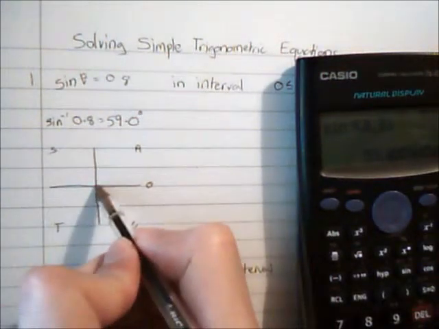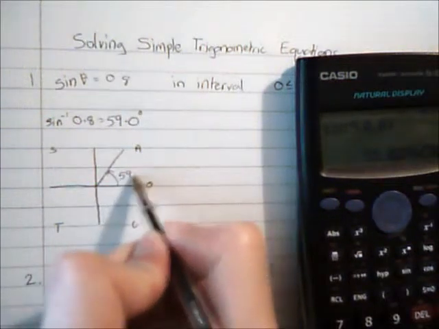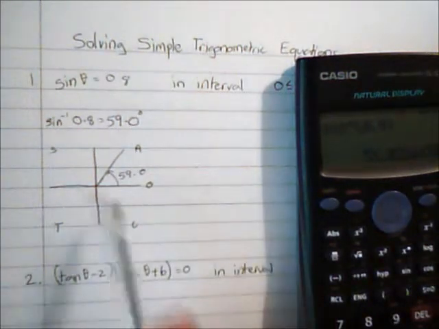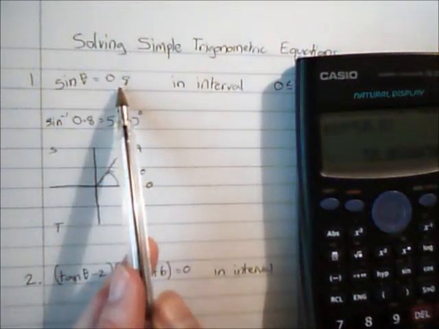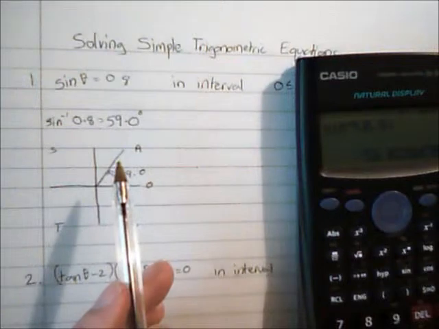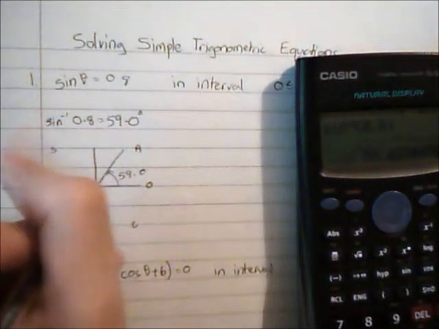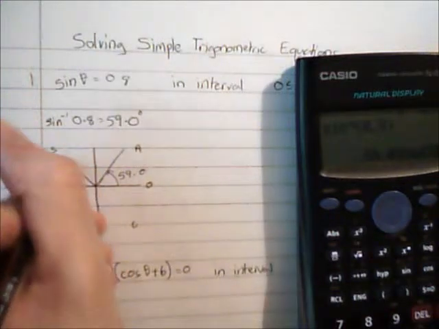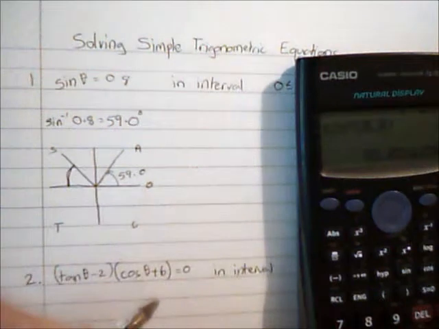So this 59-degree angle is going to be over here somewhere. And this is where sine theta was positive. So which other quadrant is sine theta positive? Well, it's this quadrant over here, which means that there's a 59-degree angle here as well.